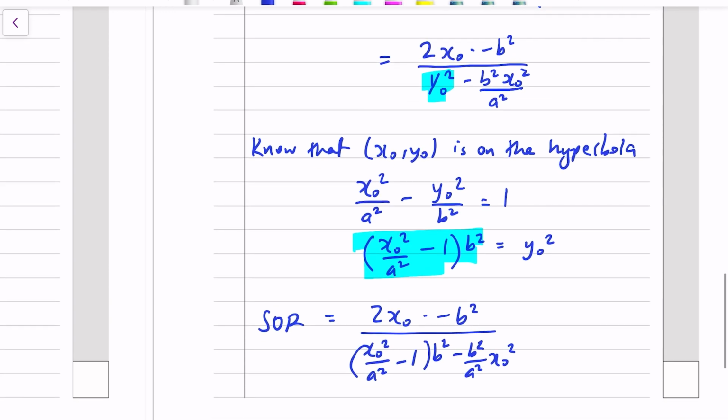I hope some stuff cancels here. It does. The b squared over a squared x naught squareds cancel. And we're left with minus b squared on the bottom. The minus b squareds cancel. And we're left with 2x naught. The sum of the roots is equal to 2x naught.